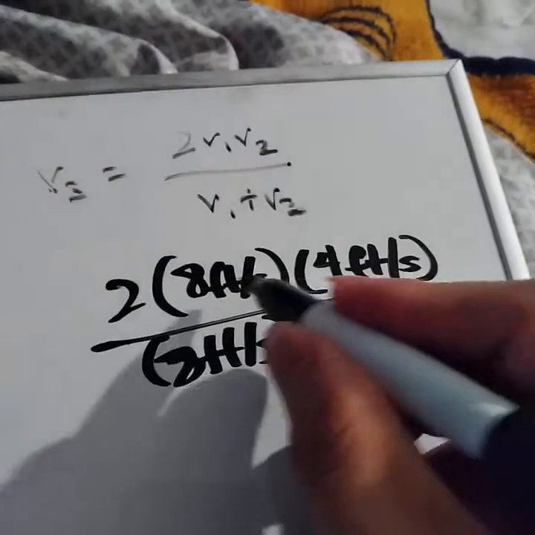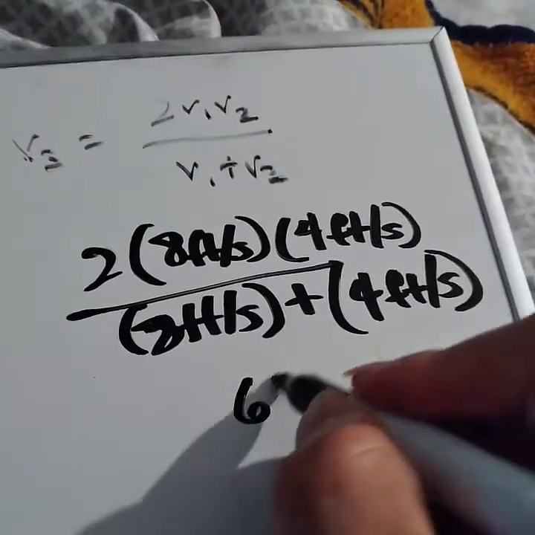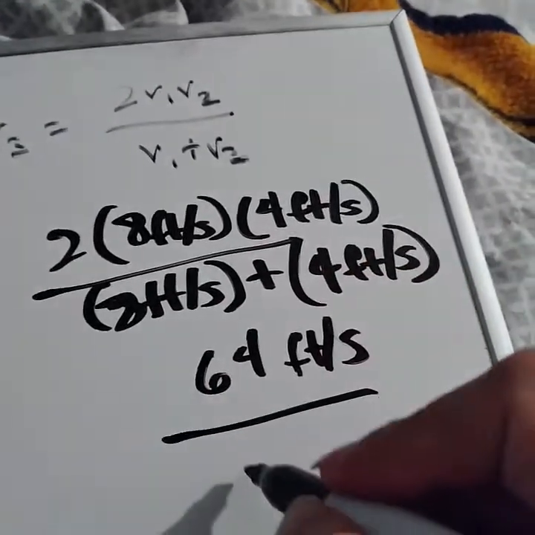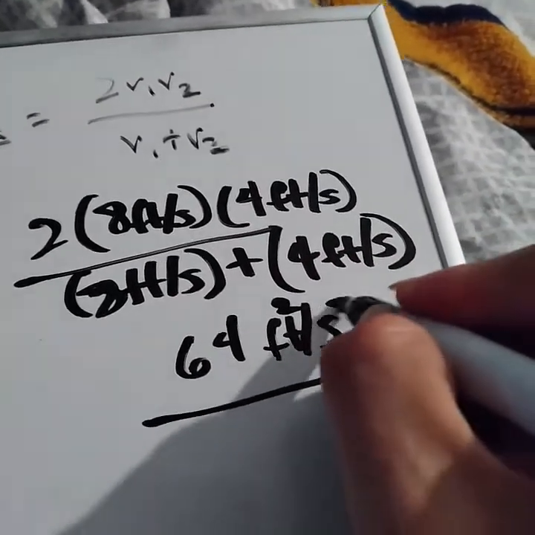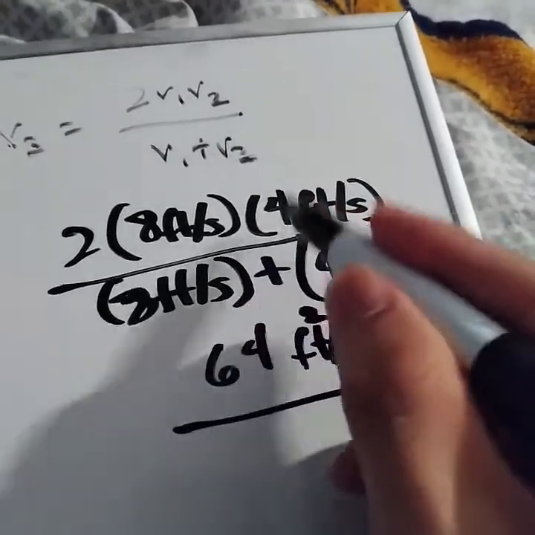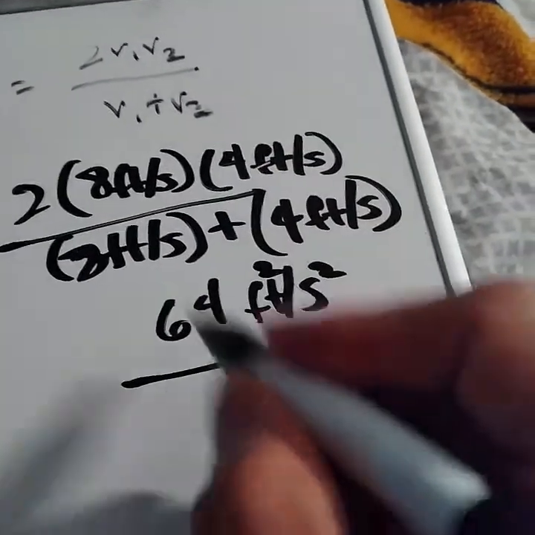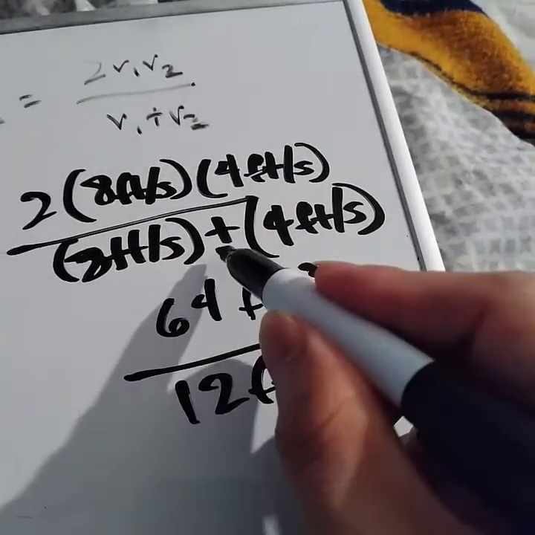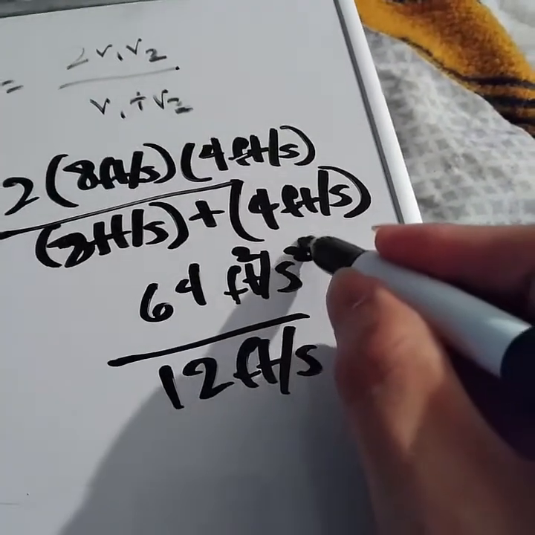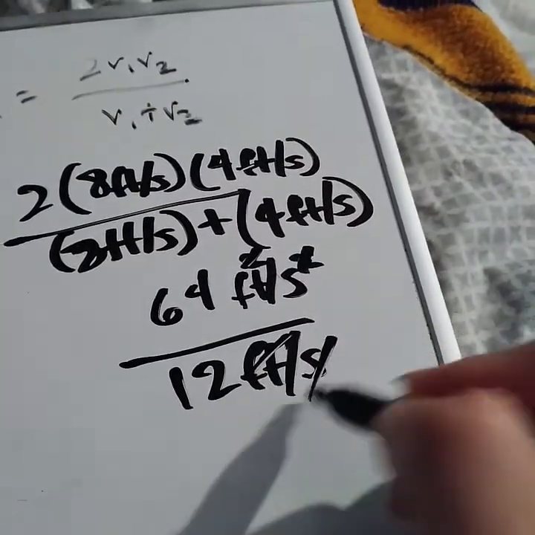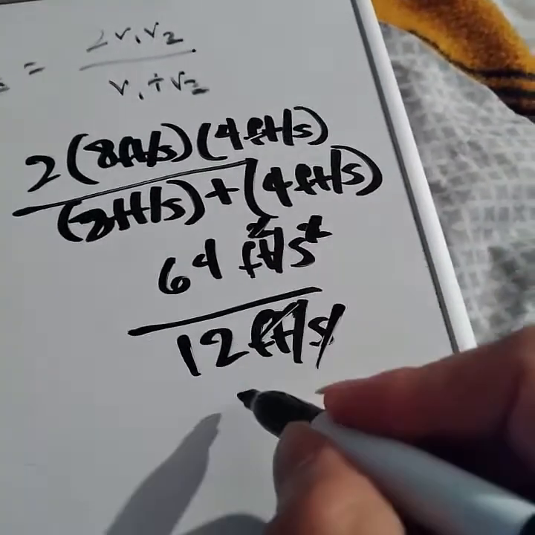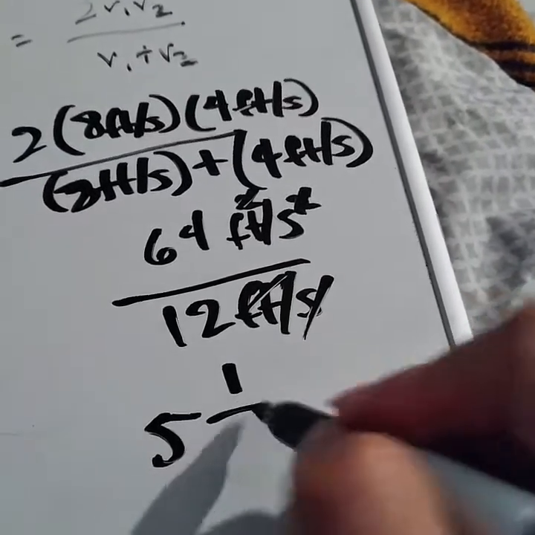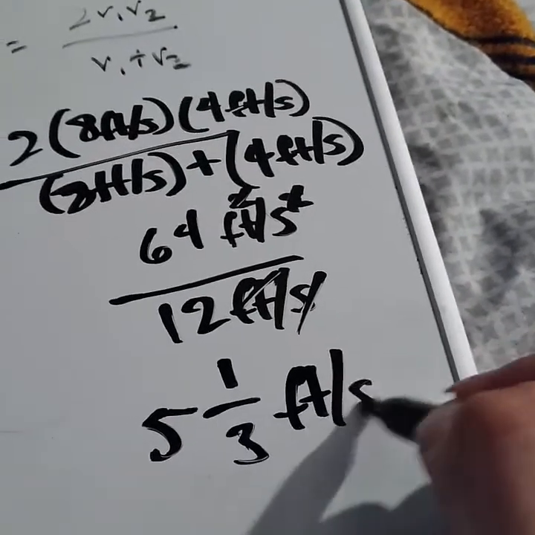So that gives us 32 times 2 is 64, divided by, with units feet squared per second squared, because we also multiply the units, and then we have 12 feet per second. This is a multiply, this is add. Then that unit cancels. We have 64 over 12, which is 5 and 4/12, which is 5 and 1/3 feet per second.